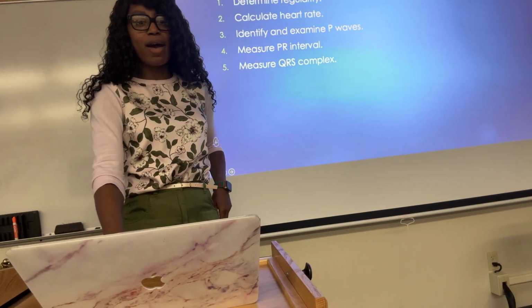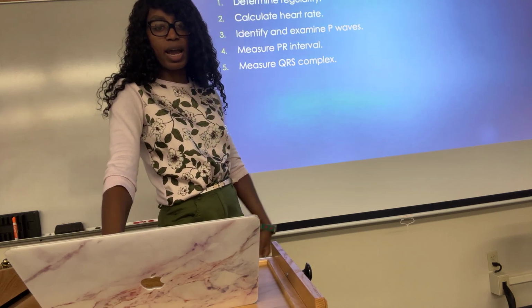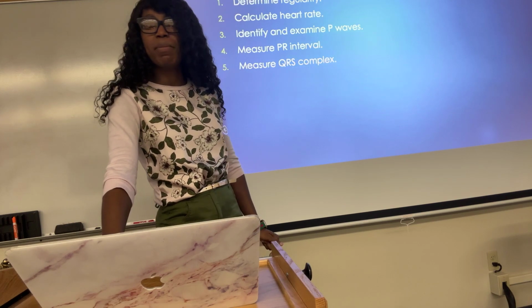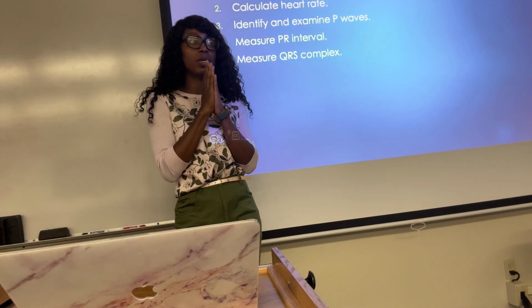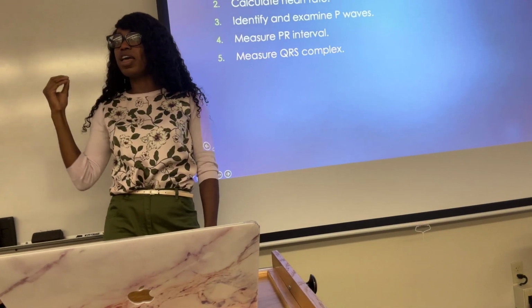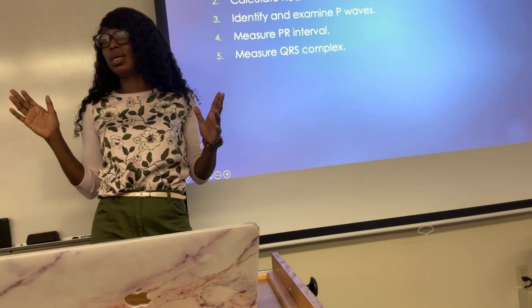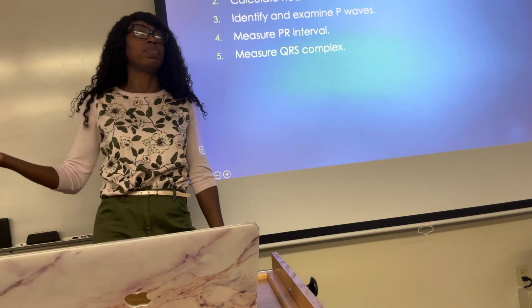Okay, so we have the 5-step method. We already mentioned this, okay? Determine regularity, calculate the heart rate, identify and examine P waves. So this is how, if you're looking at the picture, you can identify. So we said if the P waves are there, but they're wonky, weird looking, too many, or something's wrong with them, usually where is the problem?